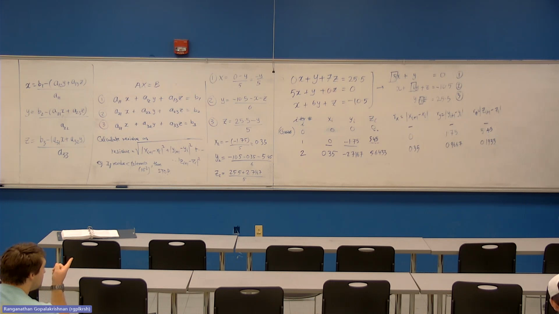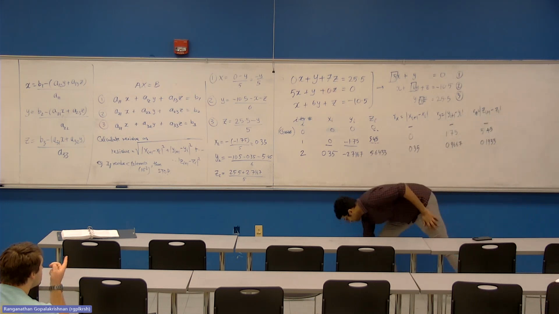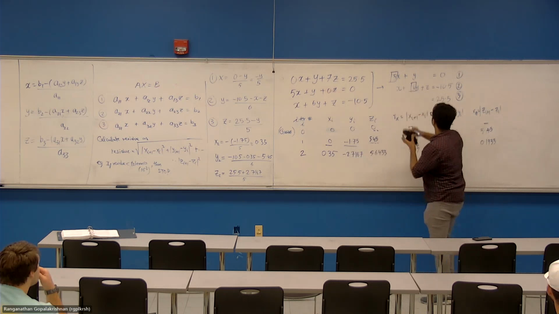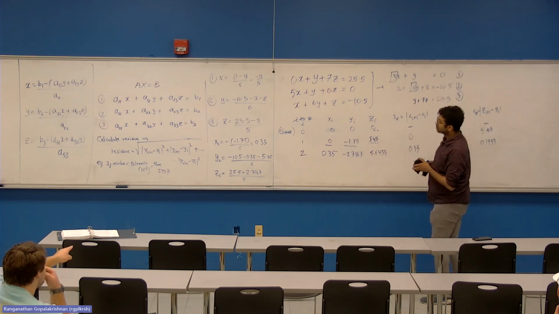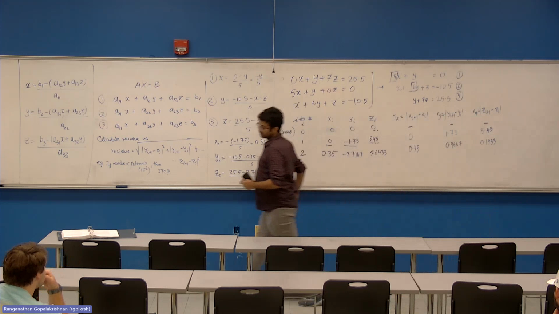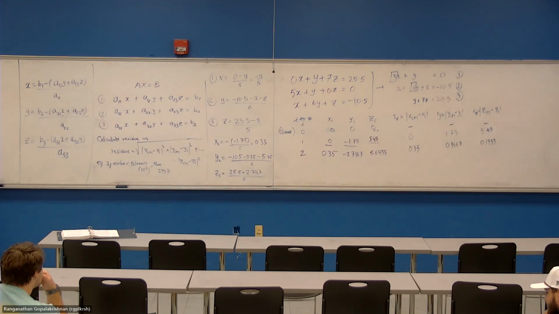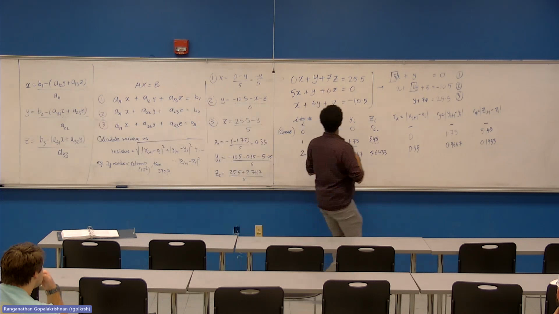Is that a 7Z? Yeah, 7Z, I cluttered it up. So it's 7Z, so that Z would be that divided by 7, not 5. Let me check. Y plus 7Z, so I cluttered it up.